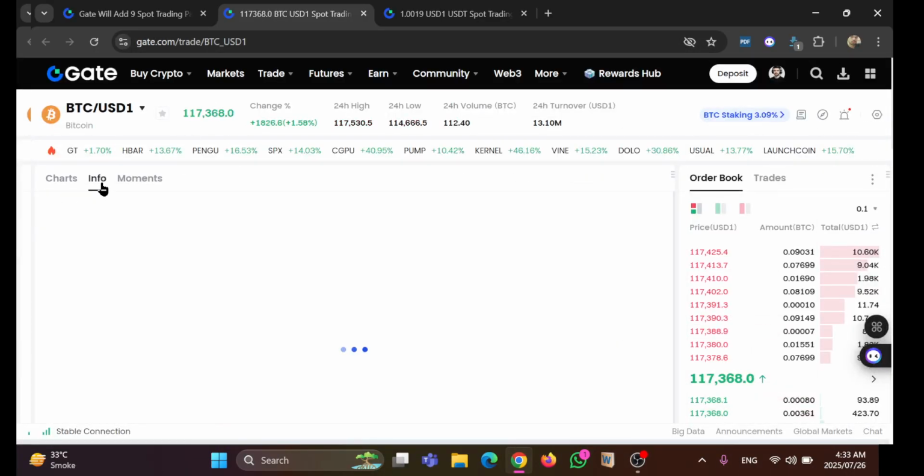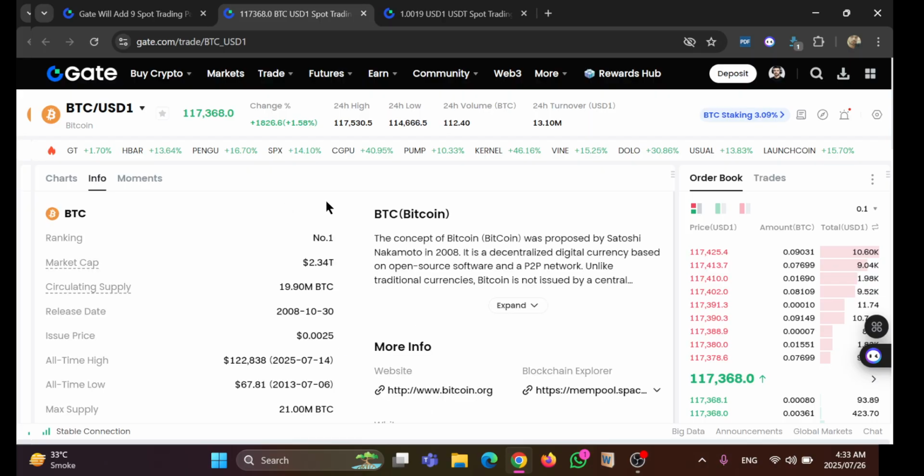And let's get some information about Bitcoin. Bitcoin is ranking number 1, and its market cap is 2.34 trillion USDT. Circulating supply is 19.9 million Bitcoin, and its release date is 30 October 2008, and its issue price was 0.0025 USDT.